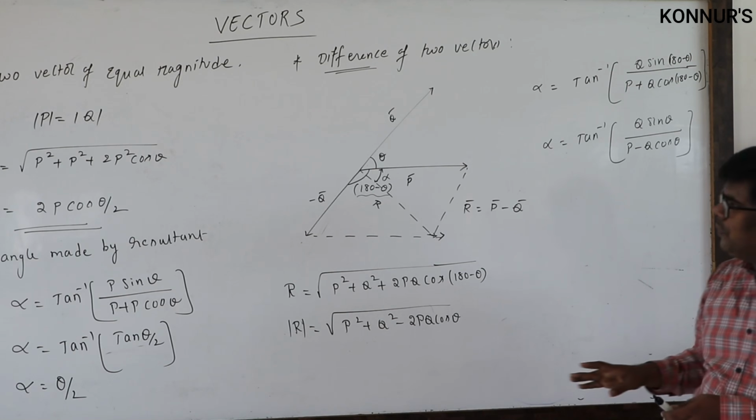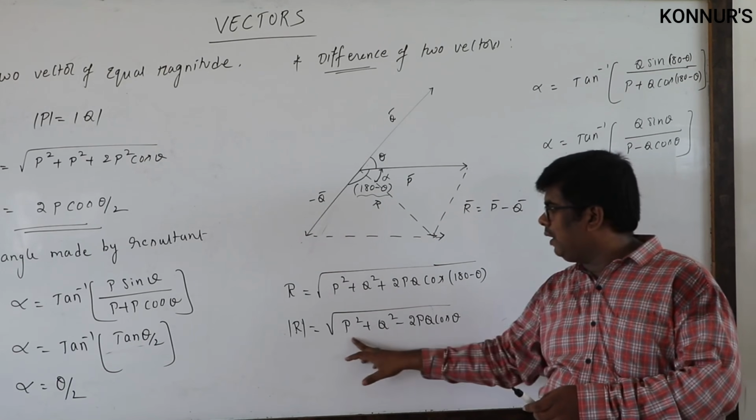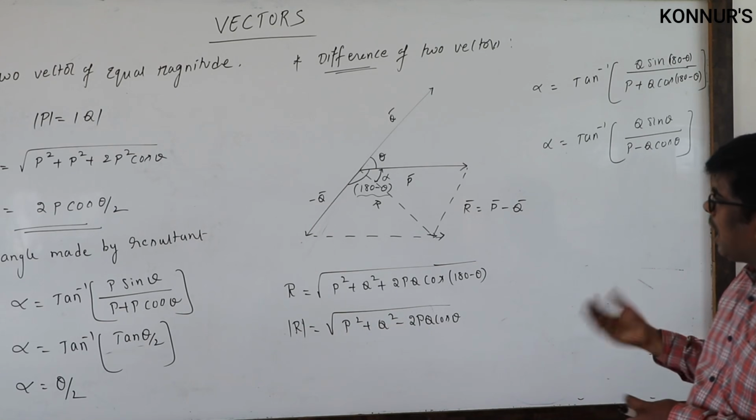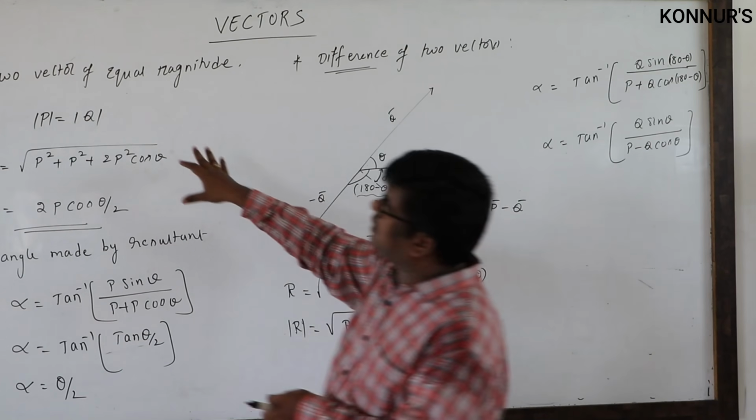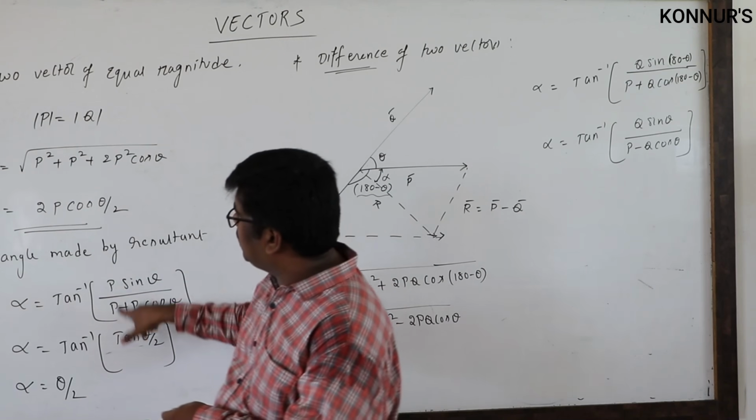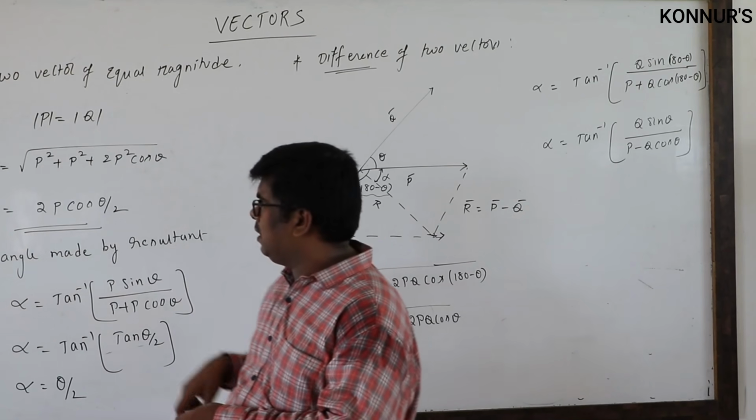In this, p and q have different magnitudes. If the magnitudes are the same, what do you get? We already discussed that in the addition case with equal magnitudes you have 2p cos theta by 2.